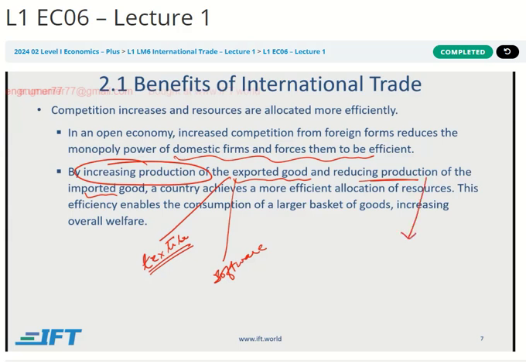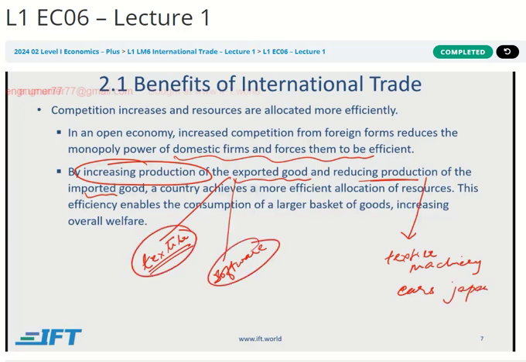It's just that there are other people who are better at it, and you're better off buying the textile machinery from Germany, and maybe better off buying the cars from Japan, right? So on and so forth, and exporting your textile and your software to the whole world. So this results in a more efficient allocation of resources across not only the country but across different countries and the whole world, and increases the overall welfare of the entire global economy.